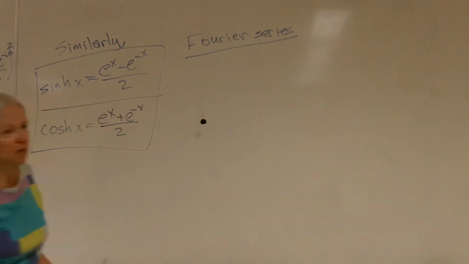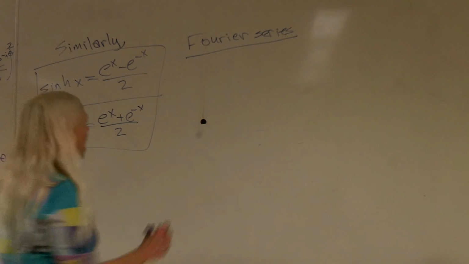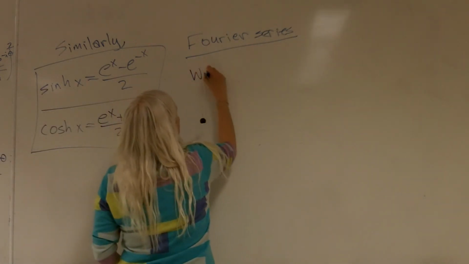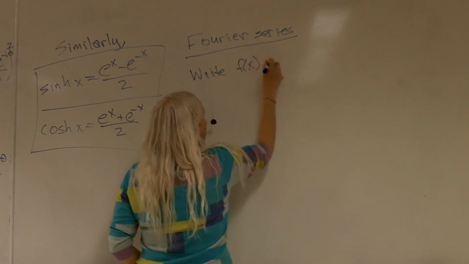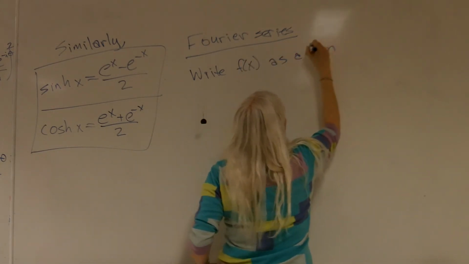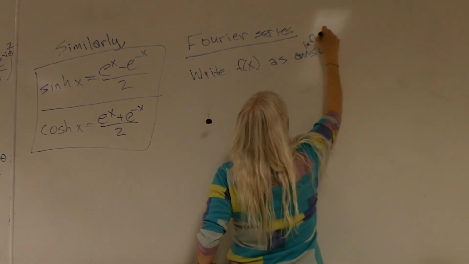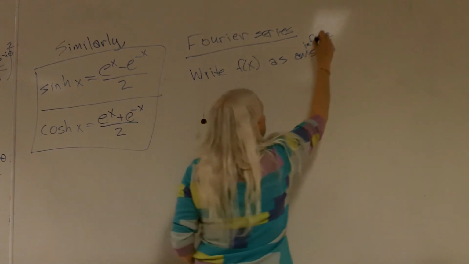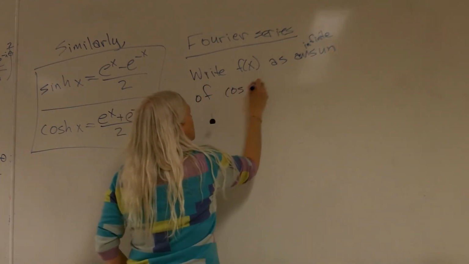There's another kind of series that we can write other than a power series, like a Taylor series, called a Fourier series. In a Fourier series, we're going to write f of x as a sum, and it's going to be an infinite sum in most cases, of cosine and sine terms.